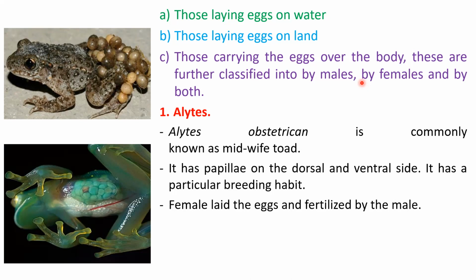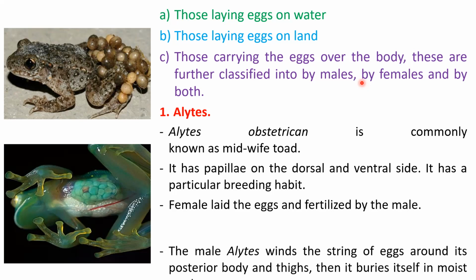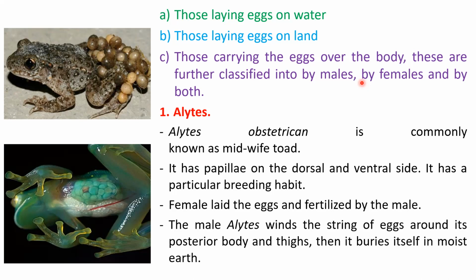The female lays the eggs and they are fertilized by the male. The male Alytes winds the string of eggs around its posterior body and thighs. Then it buries itself in moist earth. So this example, that is the Alytes.